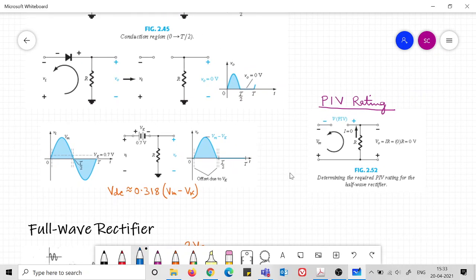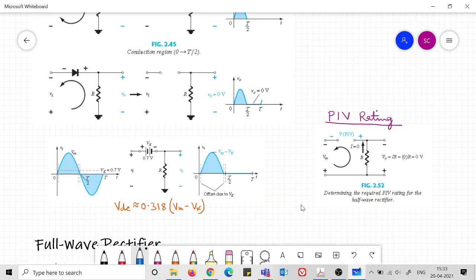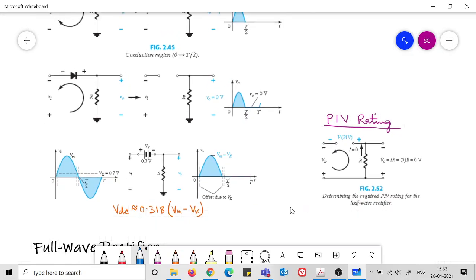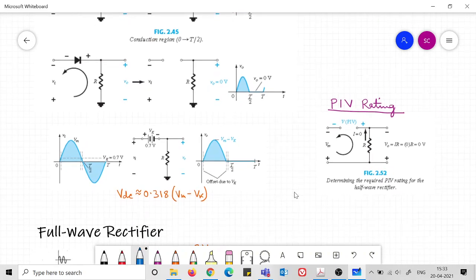Another thing we must remember is the PIV rating of the diode. This is also a question that might come often: suppose you have designed a particular circuit, what should be the PIV rating of the diode? For solving this, we first have to understand what the PIV rating is.